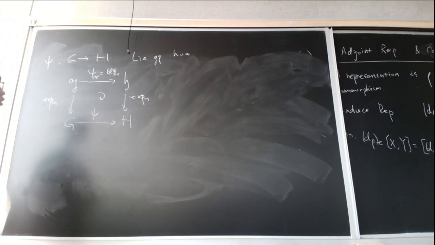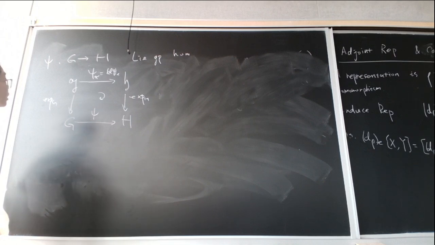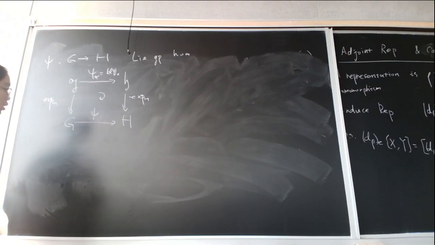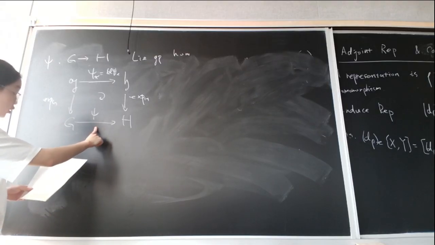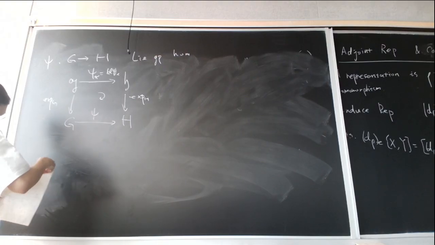Right. And so if you take this to be the adjoint representation, then you have the following diagram.